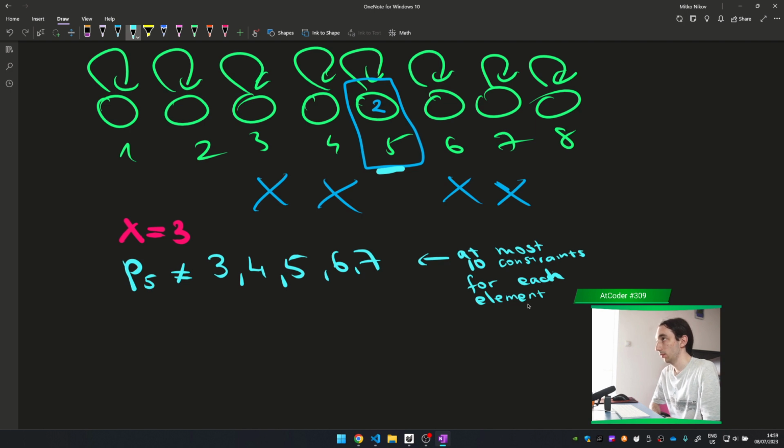Okay, we have at most 10 such constraints. Now we need to construct permutations such that these constraints are valid.